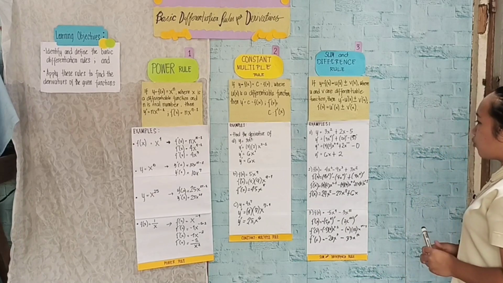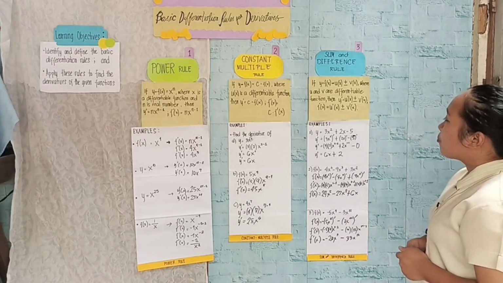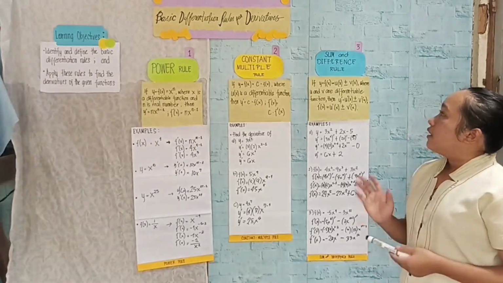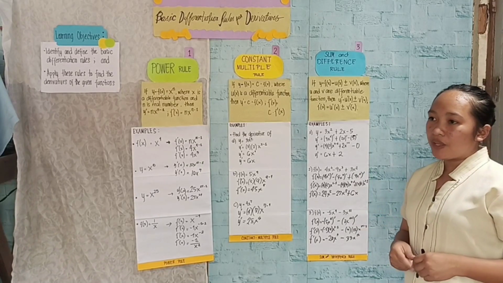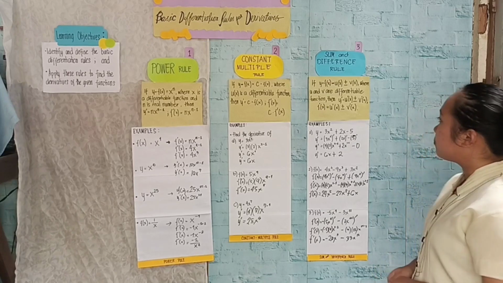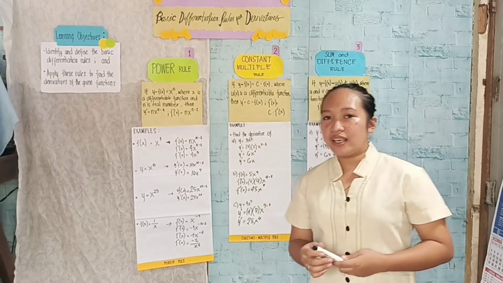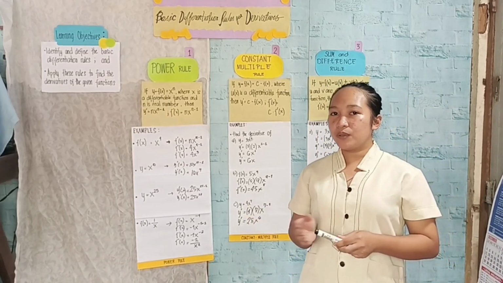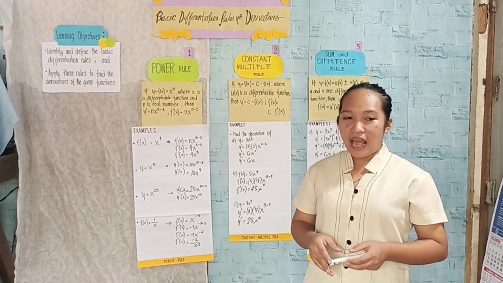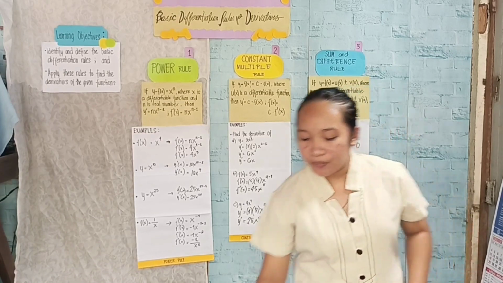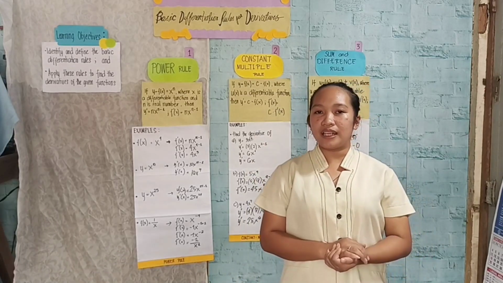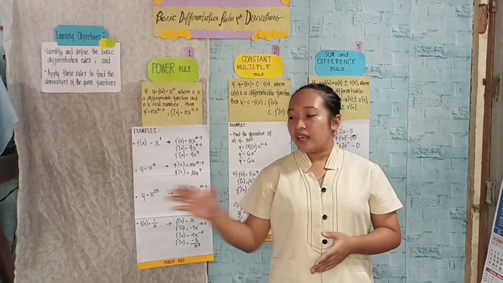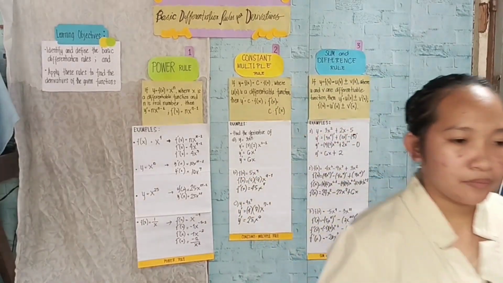So that is our examples for our 3 different rules for finding the derivatives of the given function. Since you have already understood our lesson, I will now give you an activity, a seat work. This is an individual activity that you will answer at your seats.